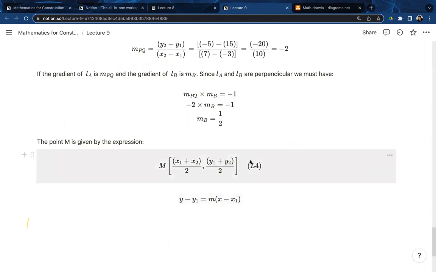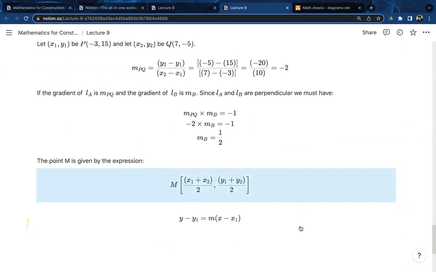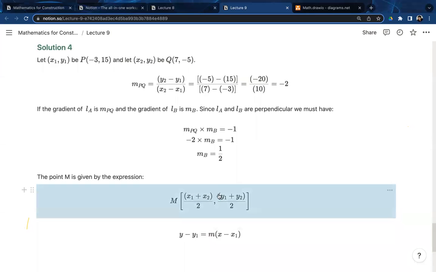So M is given by this expression here. You add up the x coordinates and divide by 2, and you add up the y coordinates and divide by 2.